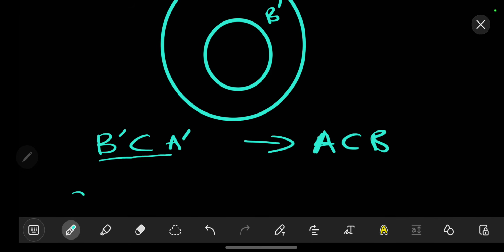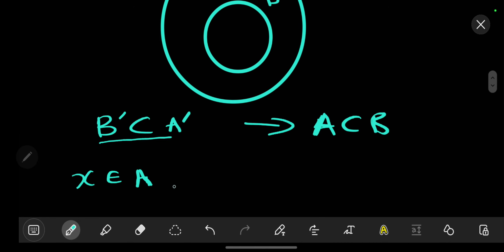You are going to say that X must be a member of A. Then already, if X is a member of A, it means X must not be a member of A complement.